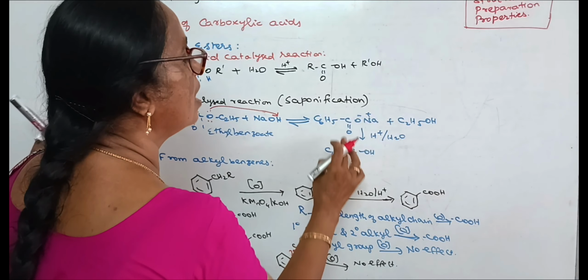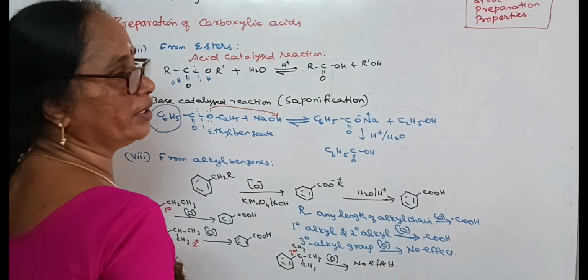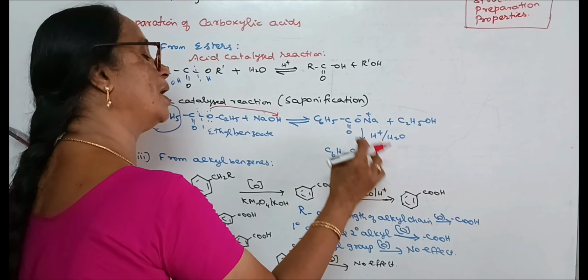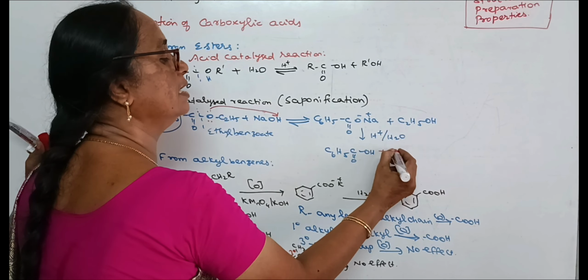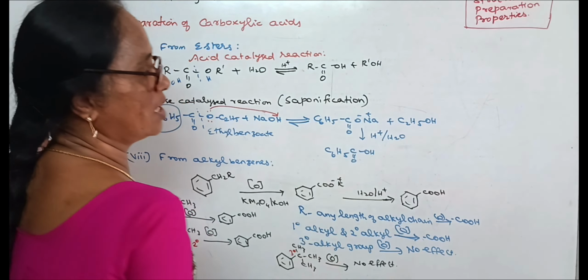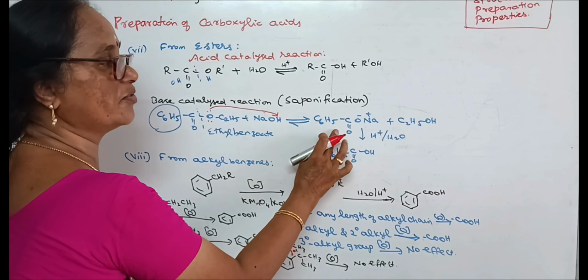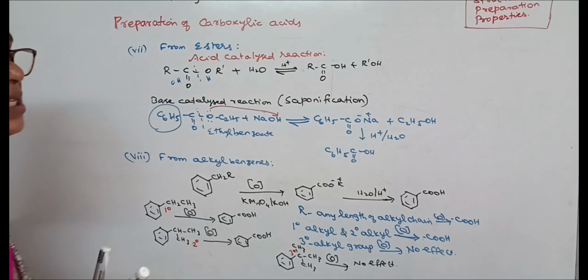This is called sodium benzoate. This sodium benzoate, upon acid hydrolysis, gives back the carboxylic acid. This benzoic acid is actually obtained upon the further hydrolysis of the sodium salt of carboxylic acid.